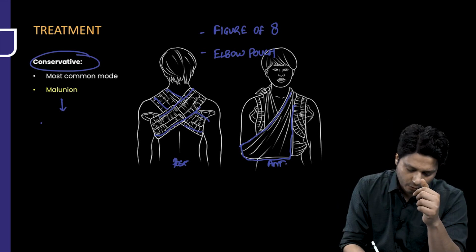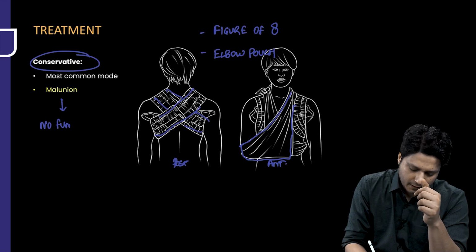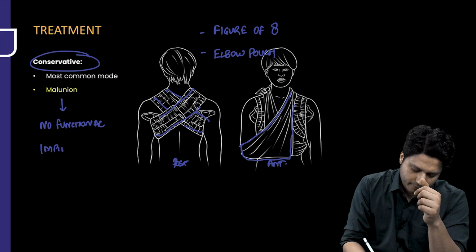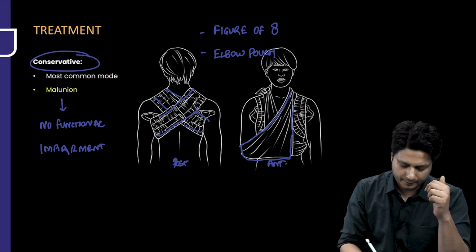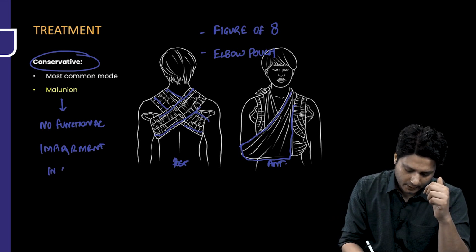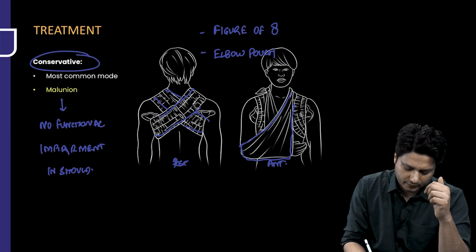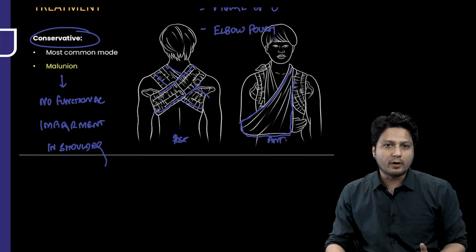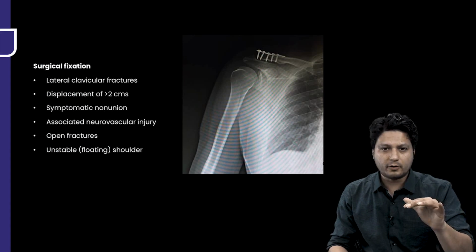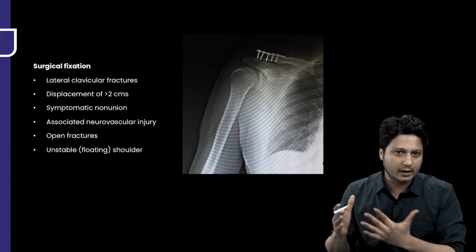So there is no functional impairment, or no loss of function, or no limitation of function in the shoulder associated with these fractures of the clavicle. Alright, if at all it has gone into malunion, it is not going to affect the movement of the shoulder. So hope you have understood what exactly we were talking about related to this.